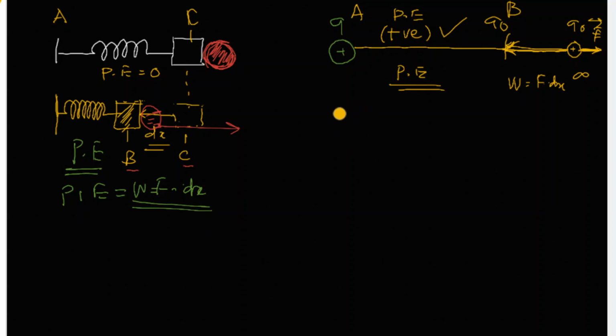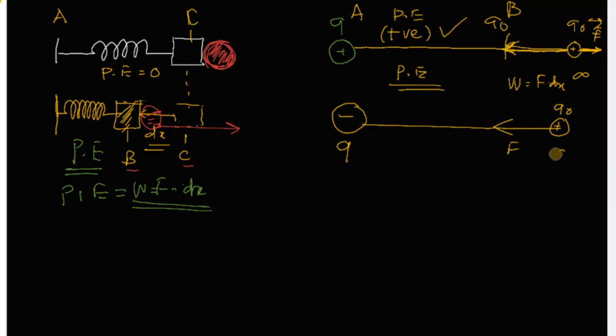Now let us consider that the source charge is negative, negative Q, and the test charge I am always considering as positive. What will be the electrostatic force between them? There is a force of attraction, so the direction of the force is in this direction.